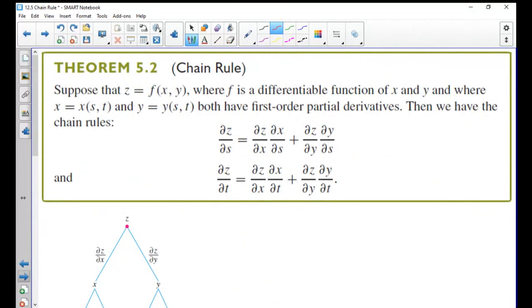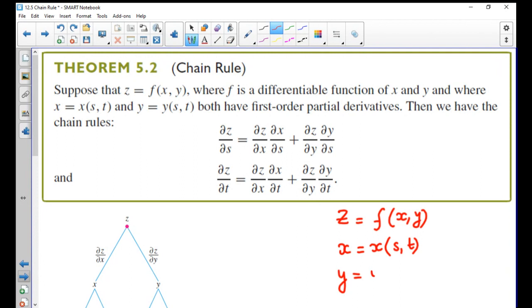Now, here we have another situation where basically z is again a function of x and y, but x is a function of two variables, not just t. It's actually a function of s and t.